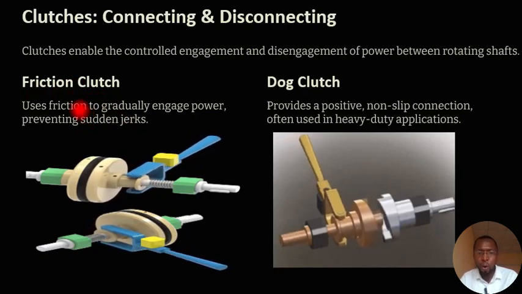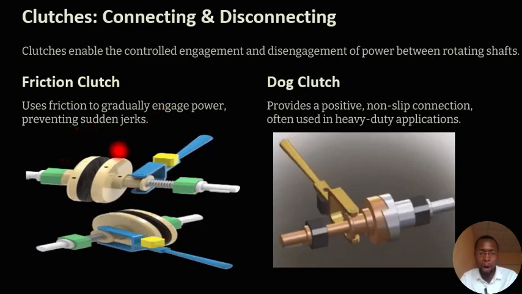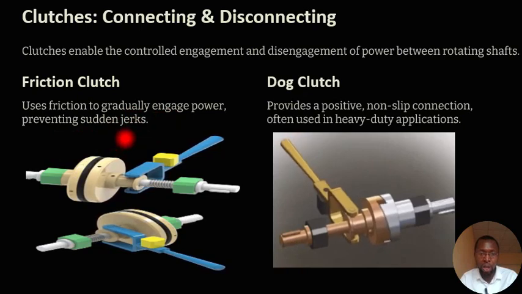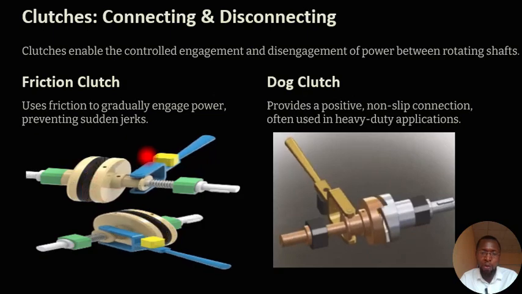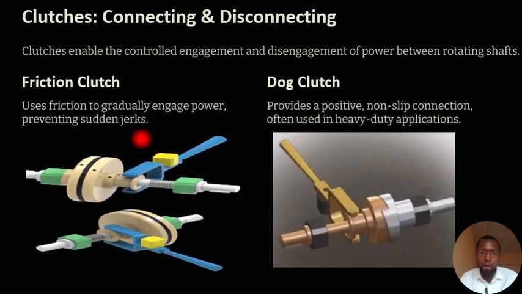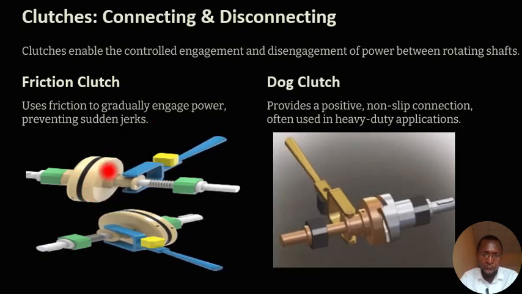In the friction clutch, it makes use of friction to gradually engage power and to prevent sudden jerks. Look at it here now. Remember that we said it is used to enable controlled engagement and disengagement of power. Look at these two rotating shafts now.